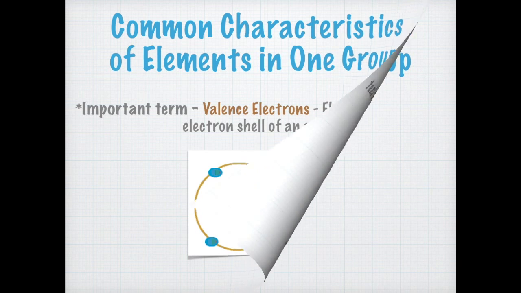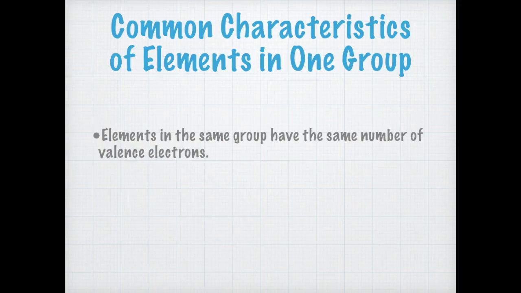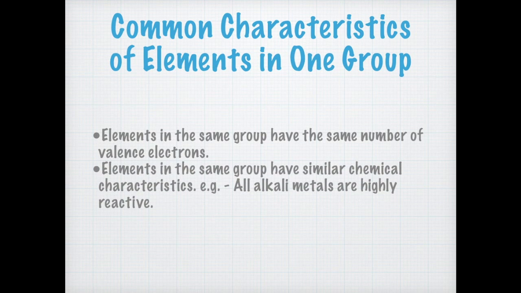Now let's look at the common characteristics of elements in one group. All the elements in the same group have the same number of valence electrons. Let me repeat that. The elements in the same group have the same number of valence electrons. Let me give you an example. All the elements in group 2 have 2 valence electrons.